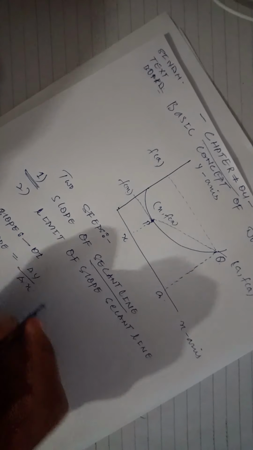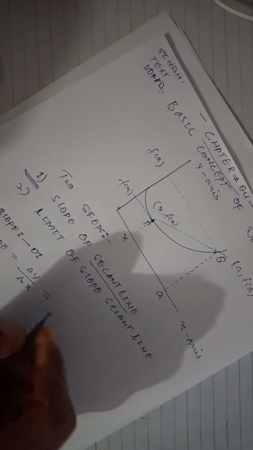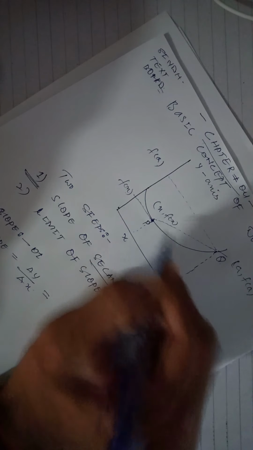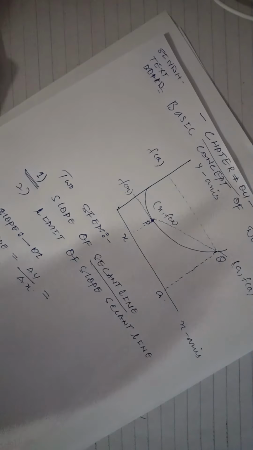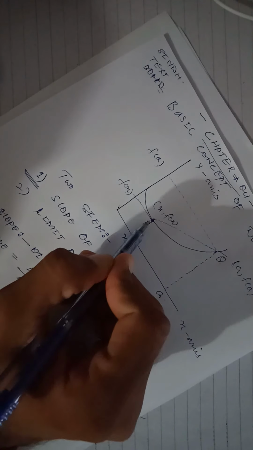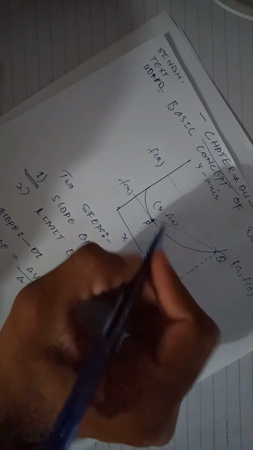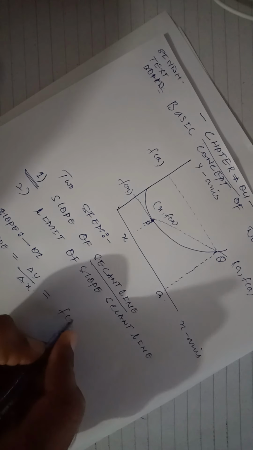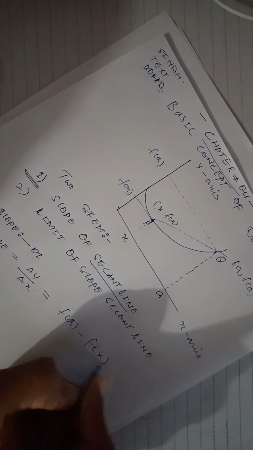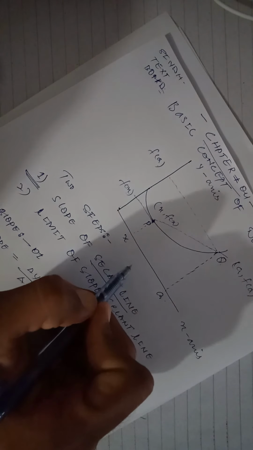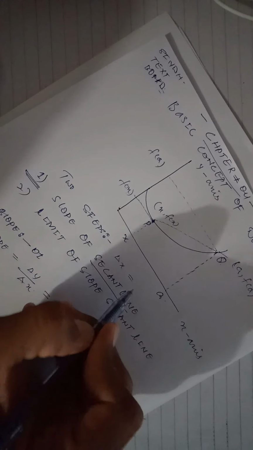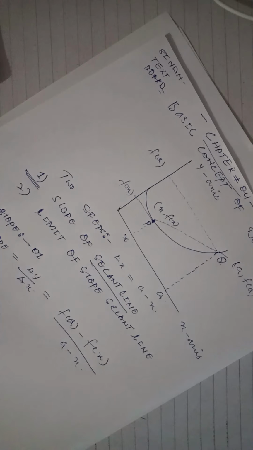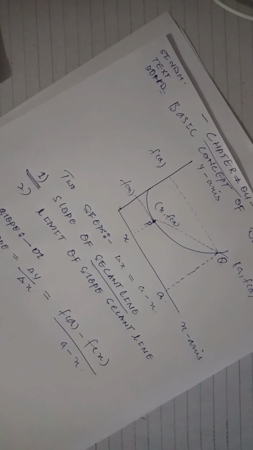This is point P and this is point Q. So we find the change between the two points: f of a minus f of x, divided by the change in x, which is a minus x. This is the slope of the secant line.